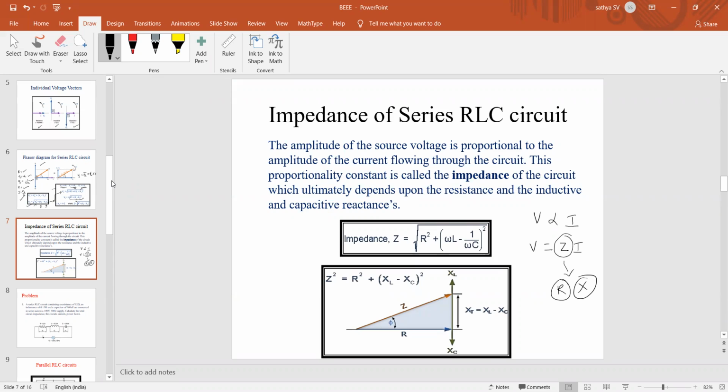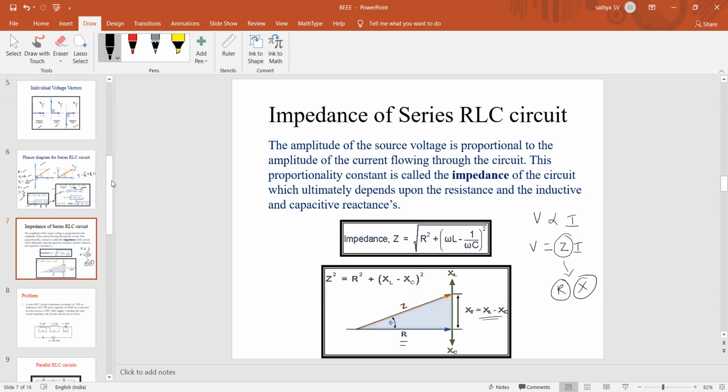Clear? For this RLC circuit, what is the impedance formula? Z is equal to under root of R square plus (XL minus XC) whole square. Here I resubstituted the XL value as omega L. Therefore, Z equals under root of R square plus (omega L minus XC), and in the place of XC I replaced it with 1 by omega C. For that I drew the right angle triangle, indicating the real axis as capital R, the real term, and the imaginary axis as the imaginary term of reactance.